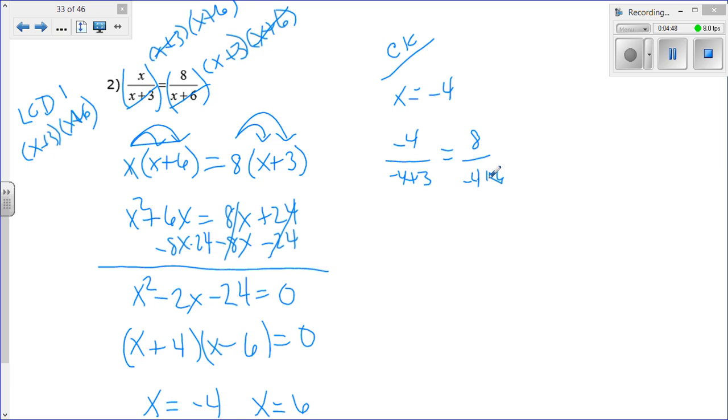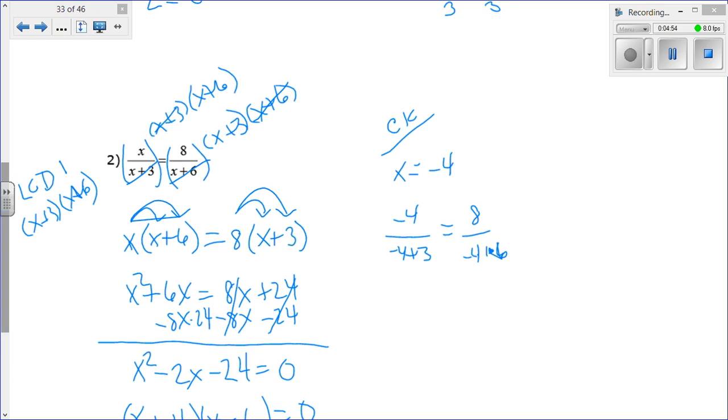I don't like when it does this. Sorry, guys. It's one spot on my screen that it doesn't like to write. So I will have negative 4 over negative 1 equals 8 over negative 4 plus 6 is 2. Negative divided by negative is positive, so 4 equals 4, because 8 divided by 2 is 4. So the negative 4 works.